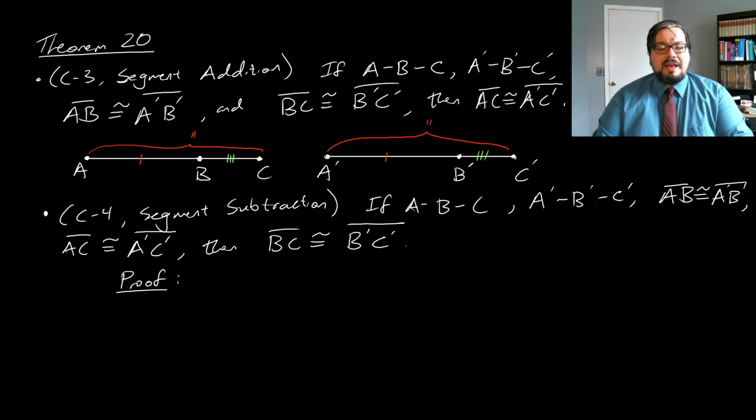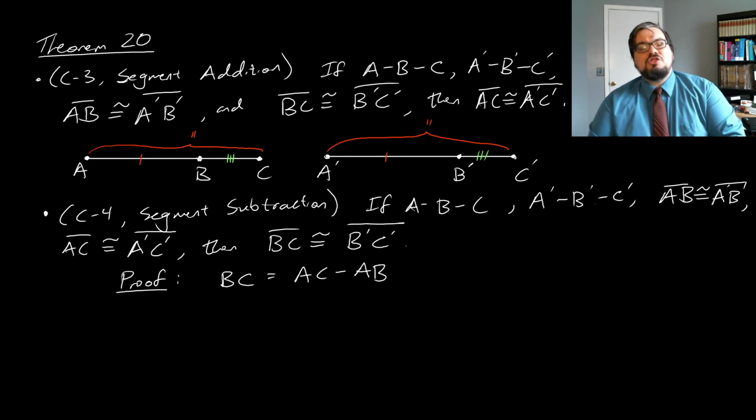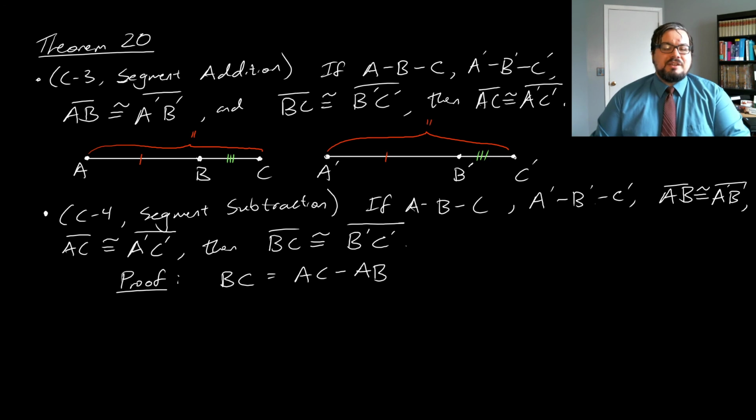We want to prove that the segment BC is congruent to the segment B prime C prime. We have one way of doing that at this point, and that's to prove that their lengths are the same. So let's start with BC here. Now BC is equal to AC minus AB, and that's just rearranging the equation that we get based on the betweenness relation.